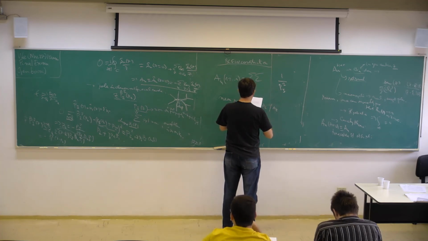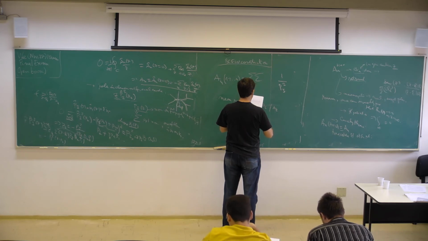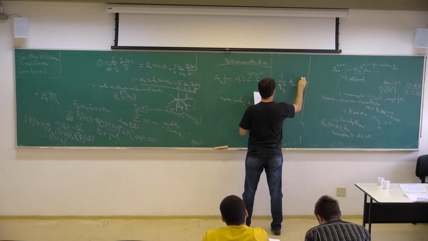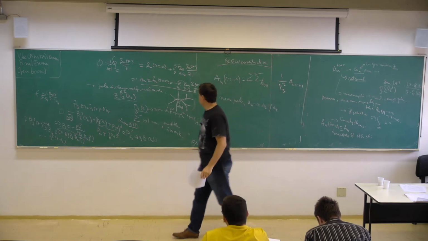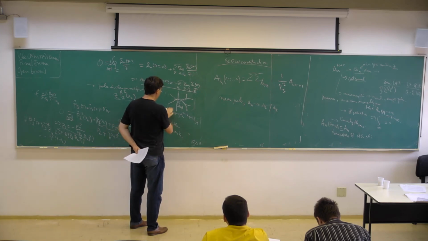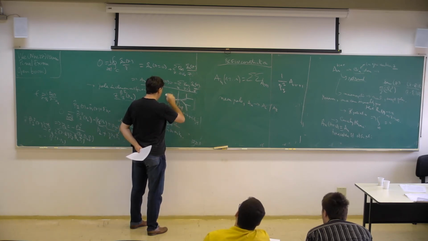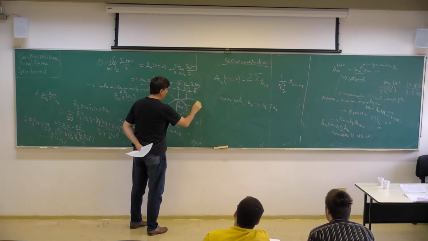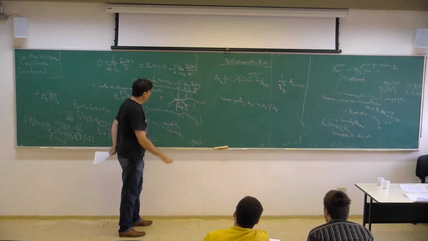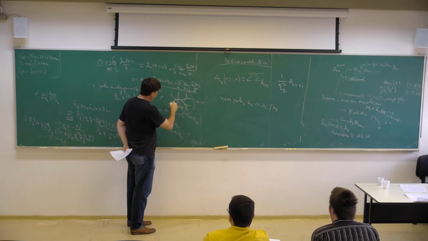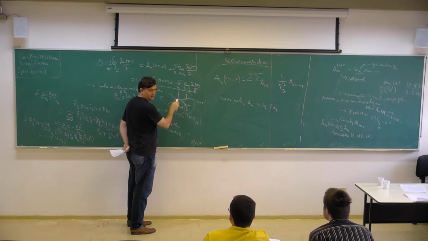So I'll call this A r plus 1, and here A n minus r plus 1. Because let's say these are r external lines, and here I have n minus r external lines, right? Then this amplitude to the left of the cut has these r external lines plus 1 from the propagator that was cut.